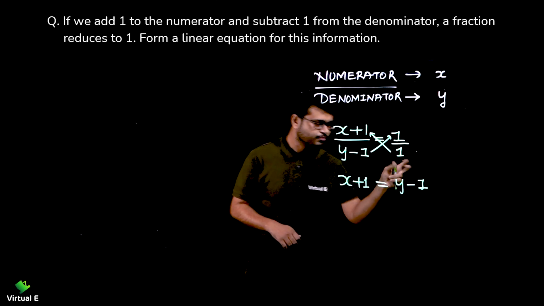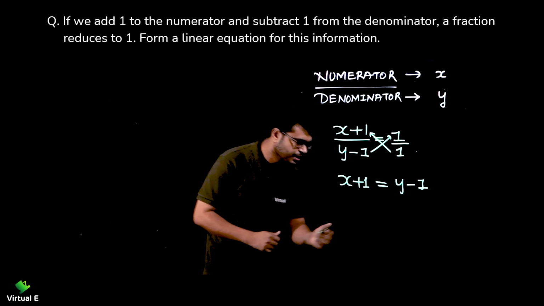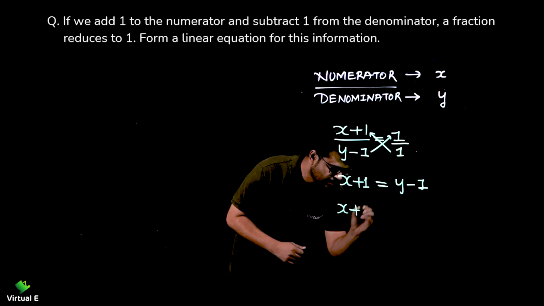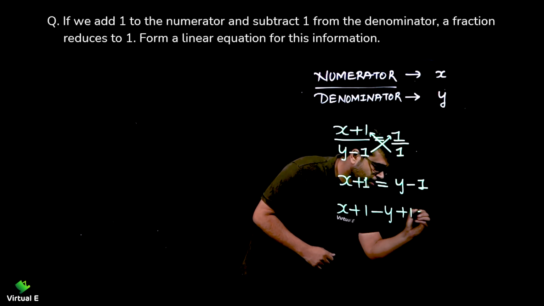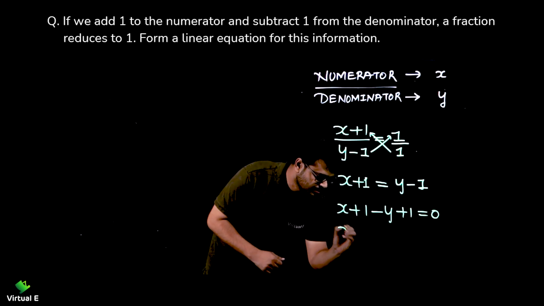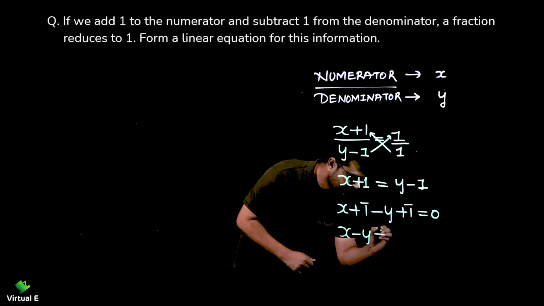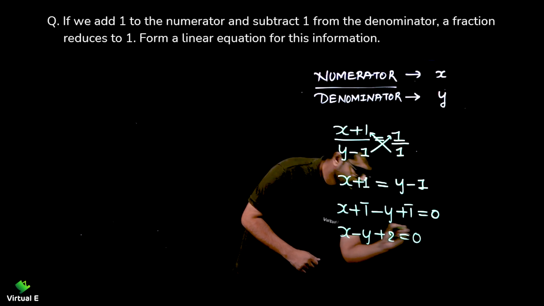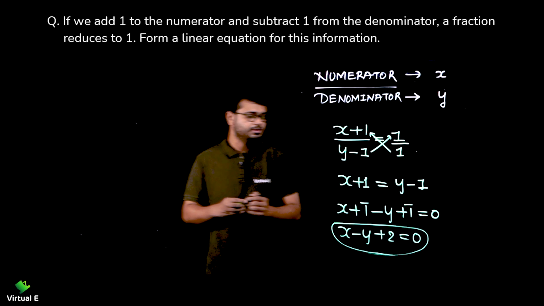Now let's shift both of them to the LHS and make RHS 0. We want the standard form. So x plus 1 minus y, this minus 1 will become plus 1 is equal to 0. So x minus y plus 1 and plus 1 will become plus 2 is equal to 0. So this is the equation in two variables.